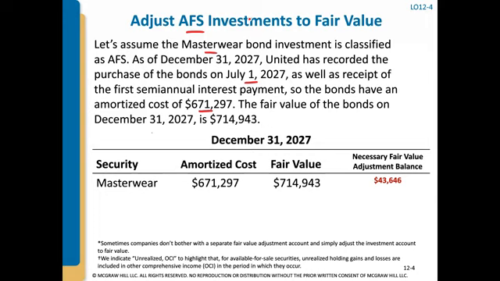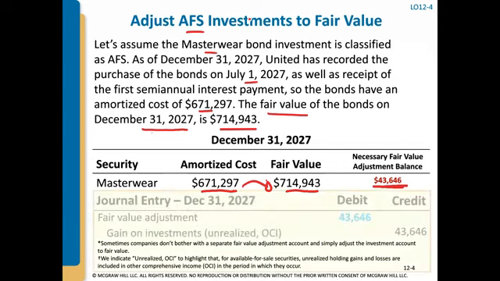But we learned that the fair value of the bonds on 12/31/27 is $714,000. So the amortized cost is $671, the fair value is $714, and we need an adjustment to increase the balance of this investment on United's balance sheet from $671 to $714. So we need to increase it by $43,000.